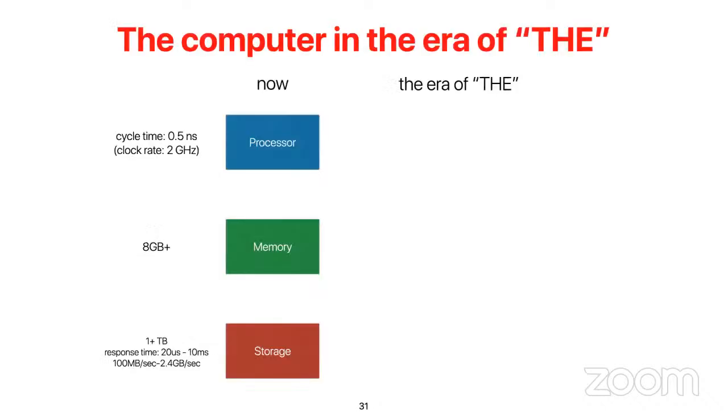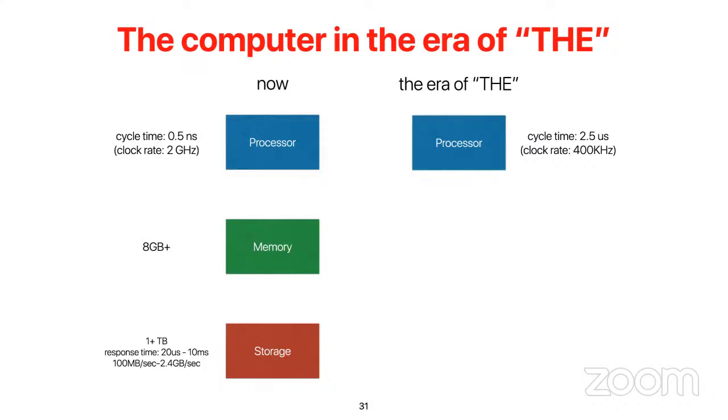So some of you might feel a little bit of a headache reading this paper, because it is really a grandfather-old paper, in the sense that the computer is not the computer that you think of. Right now, our computers have a processor, memory, and storage. But in the era of THE, they have the processor, but if you look at the clock rate, it's kilohertz.